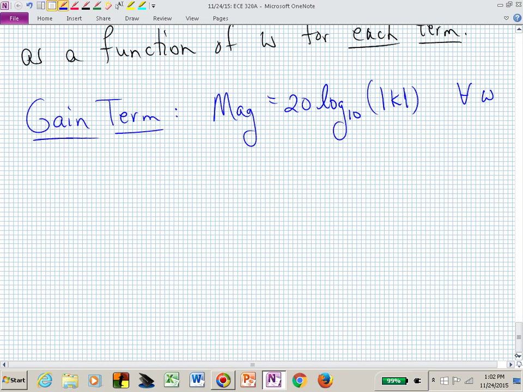If K, in our particular case, let's say this is, so now we're going to sketch all of this as a function of log of frequency, because that allows us to put a lot more frequency information in the same horizontal length of our page or paper. Now we would have 10 to the 0, which is 1 radian per second.